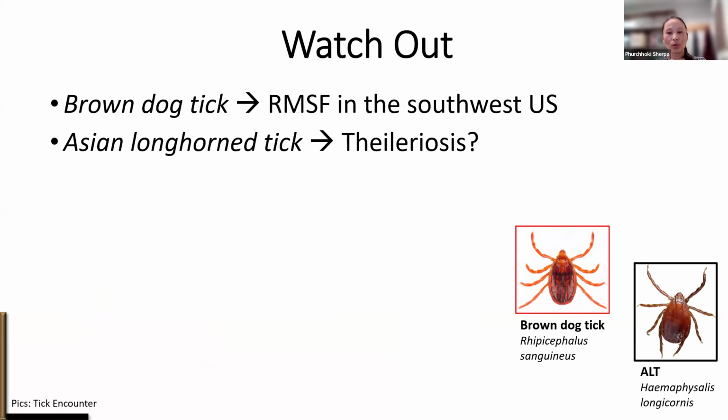Brown dog tick is primarily associated with kennels and houses, and it transmits plenty of diseases in dogs. So for pet owners, this tick is a big nuisance and something that one wants to know about.